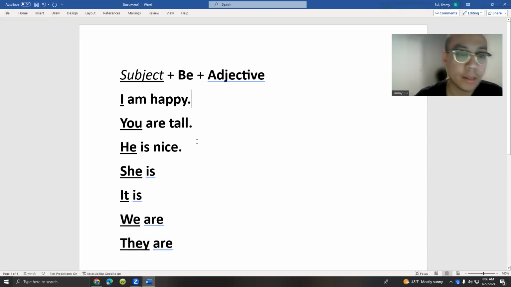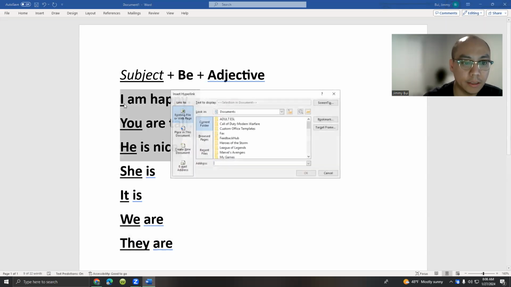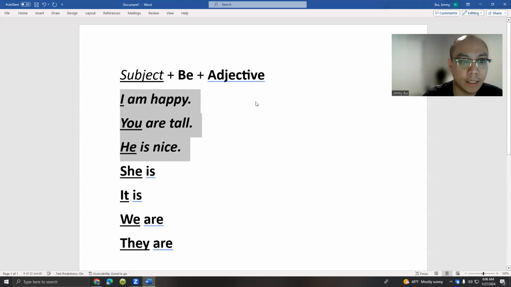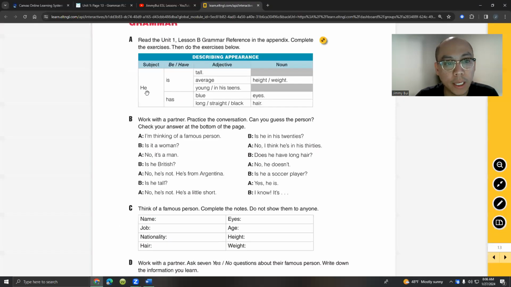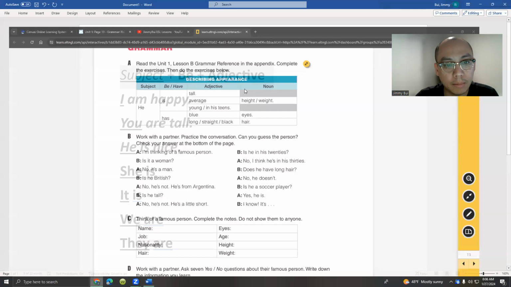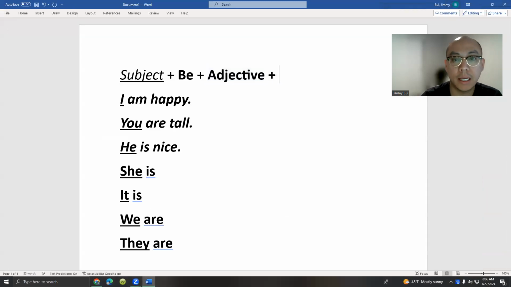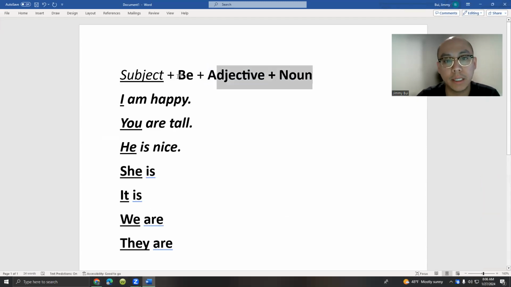So far, these three sentences follow the format: I am happy, I'm happy, you are tall, he is nice. These sentences follow the structure above: subject, be, adjective, which is the same as he is tall. Actually, he is average weight is adjective plus noun.